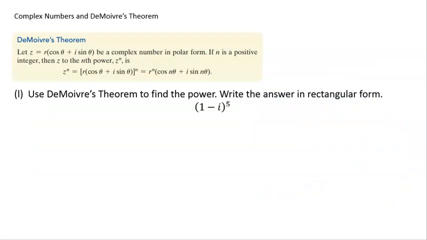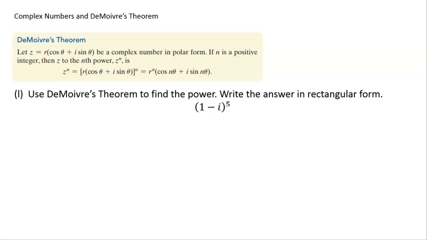And this brings me to where we left off, which I think is example L, and we were asked to use DeMoivre's theorem to find the power. We're supposed to write the answer in rectangular form when we're finished. Now, if you look at this, you'll notice this is in rectangular form.